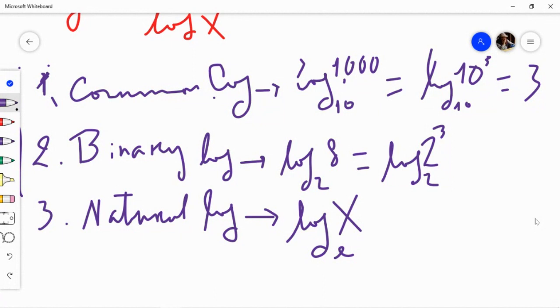But generally, common log or binary log would be for discrete numbers, or finite numbers.